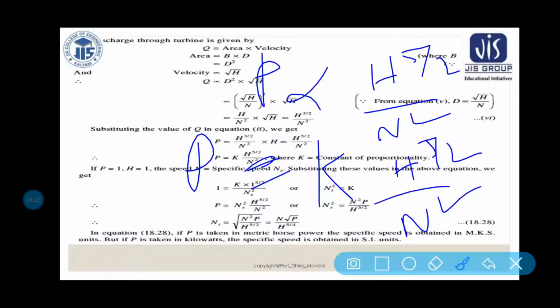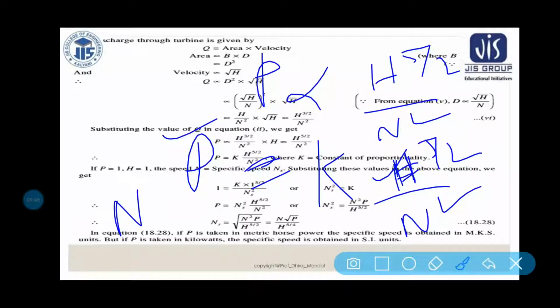Now remember, specific speed is defined as the speed you get for unit power and unit head. That comes from the definition of the specific speed. So if I am putting p equal to 1 and h equal to 1, what will we get?